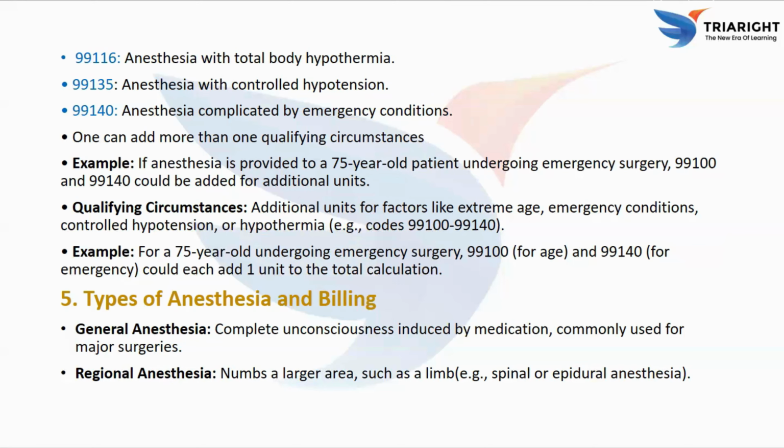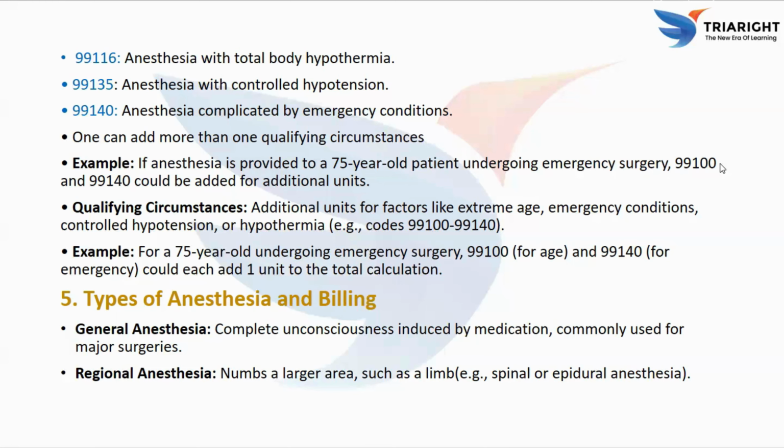So now, can we add more than one qualifying circumstance? Yes, more than one qualifying circumstances code can be reported together if supported by the documentation. And here is an example. Anesthesia provided to a 75-year-old patient undergoing emergency surgery.